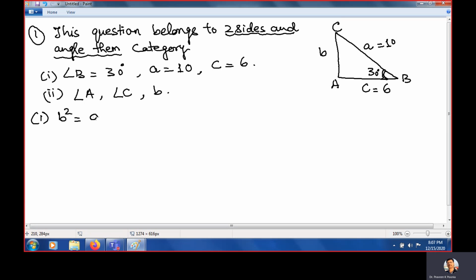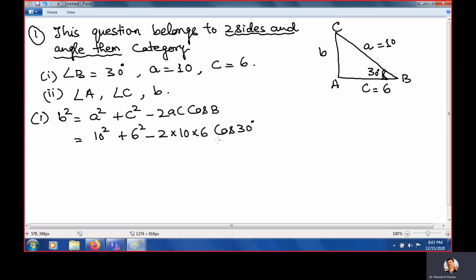First we will use B square is equal to A square plus C square minus twice of AC cos of B. The value of A is 10 squared, the value of C is 6 squared, minus 2 times 10 times 6 times cosine of 30 degrees. So 10 square is 100, 6 square is 36, minus 2 times 10 times 6 is 120 times cos 30.